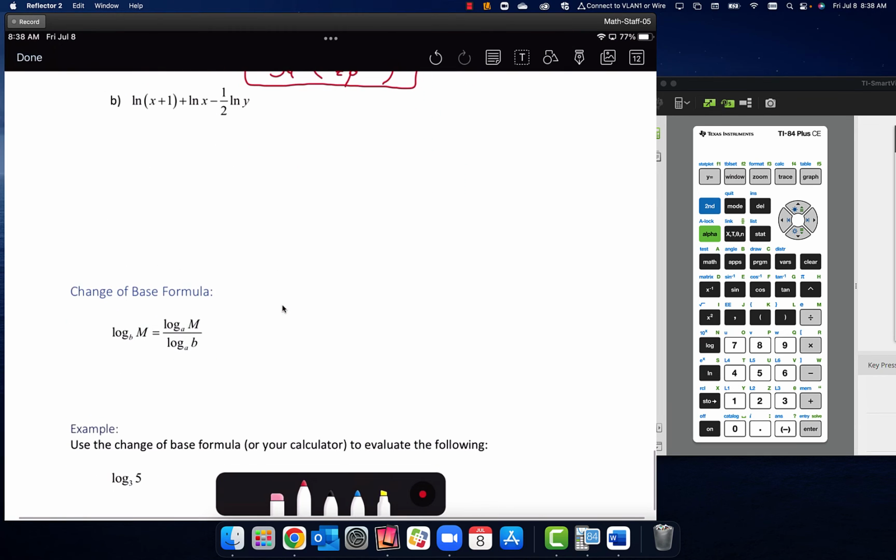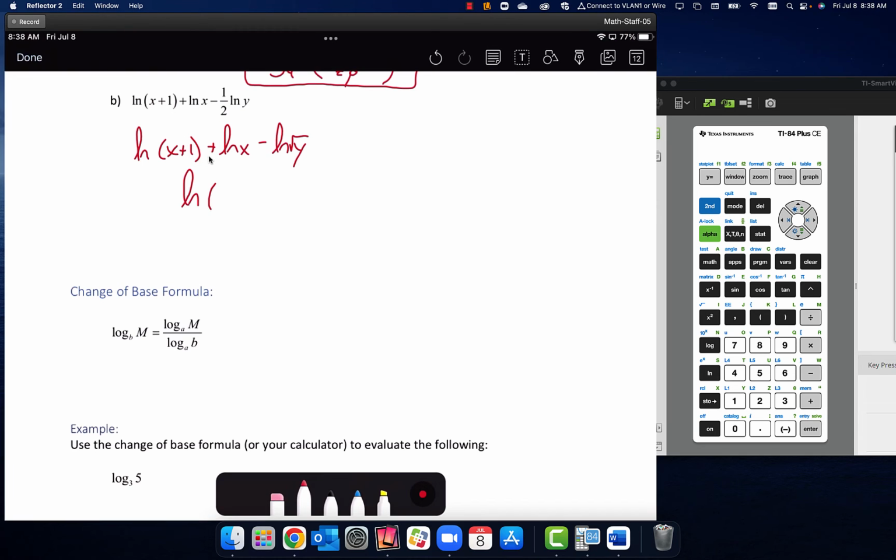In the next example, it looks like we have a sum, a difference, we also have a power. Let's go through and take care of the power first. Natural log of x plus 1 plus natural log of x minus natural log of y to the 1/2, which is the square root of y. Now we have a product, right? This sum will, when we condense, become a product.